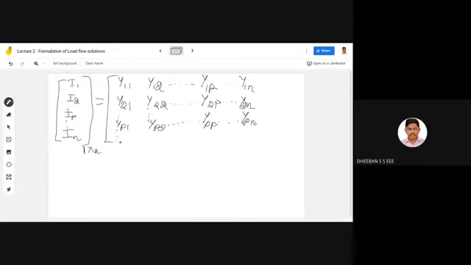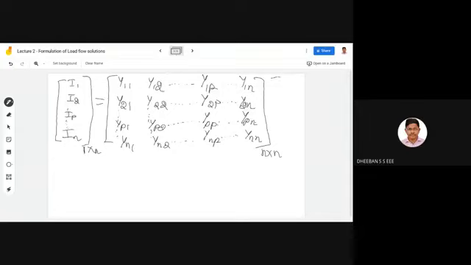And still moving, yn1, yn2, followed by ynp, followed by ynn. So this is your Y bus matrix, and it is very clear that it is an n cross n matrix.